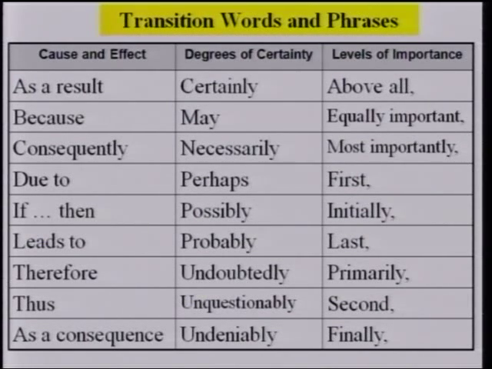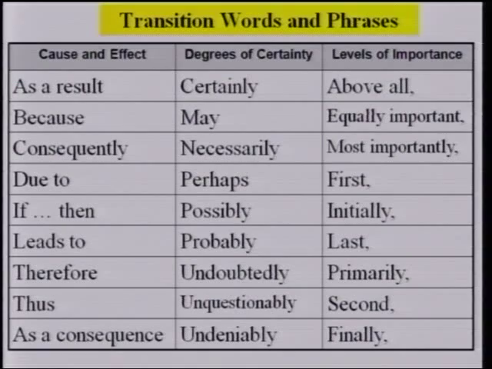For example, we can use as a result, because, consequently, due to, if, then, leads to. For example, air pollution leads to health problems, or too many diseases and so on. Therefore, thus, consequently, and so on.